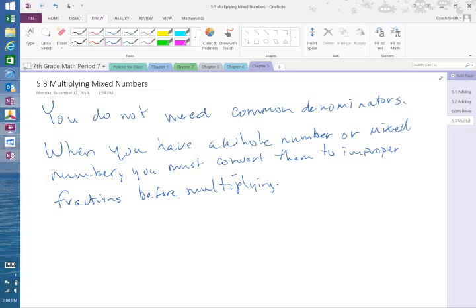Okay, we don't need common denominators. And if you have a whole number or mixed number, you must change it to an improper fraction before multiplying. Now, let me give you an example of that.